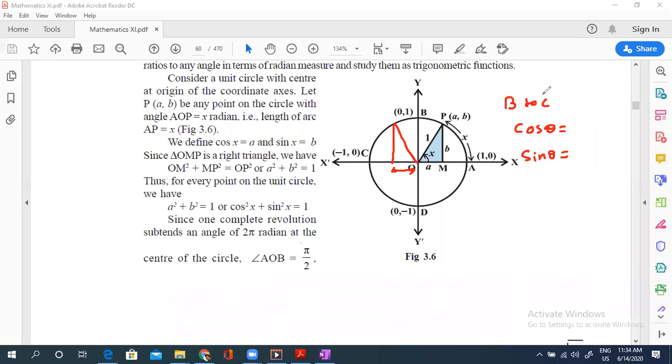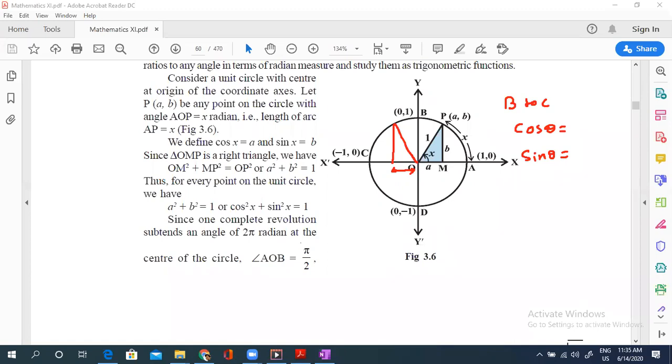But depending on which quadrant it is, the value of sine and cos is positive or negative. Because it is not just length, it is perpendicular by hypotenuse, base by hypotenuse, with sign also.